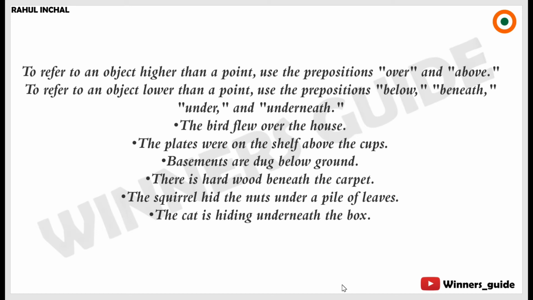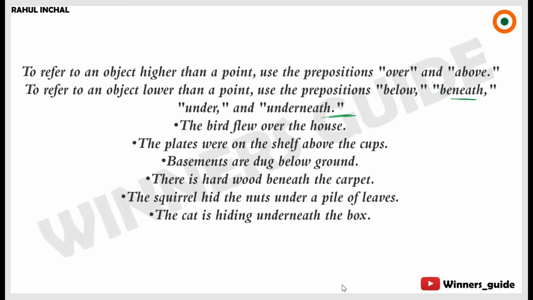Now, I will tell you one thing. The words beneath and underneath are words that we do not use on a daily basis, but the meaning of these words is very clear to each and every individual. Correct? As a matter of fact, the words beneath and underneath look so beautiful and enhance your English conversation to such an extent that you actually look like an intellectual speaking these words.